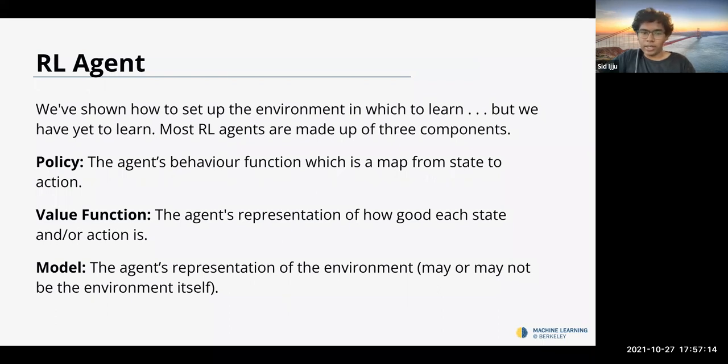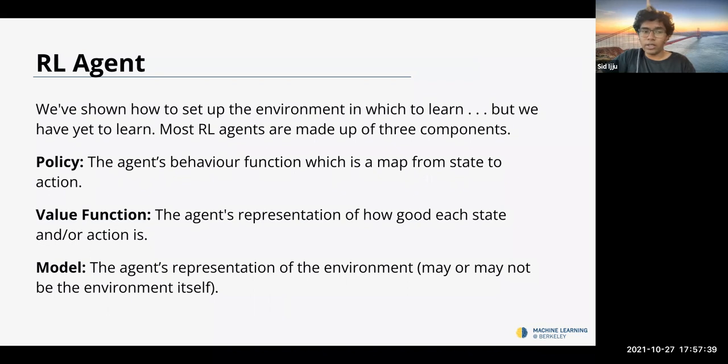Policy is the function in an agent which is a map from a state to an action. So this will take an environment state and turn it into some sort of action. The value function is the agent's representation of how good each state and/or action is. That's pretty self-explanatory. It's a function that will look at how good each action could be.